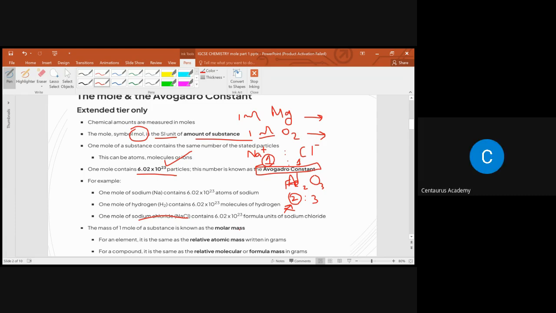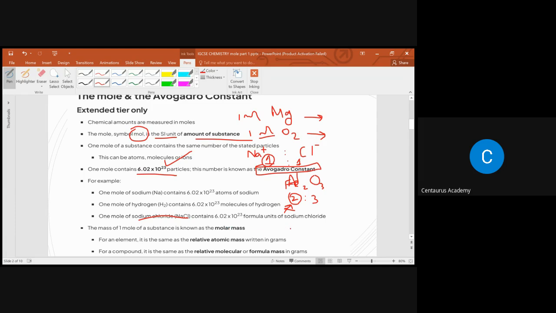Okay. Then the mass of 1 mole of any particular substance is known as the molar mass. For an element, the molar mass is equivalent to the relative atomic mass, given in grams.